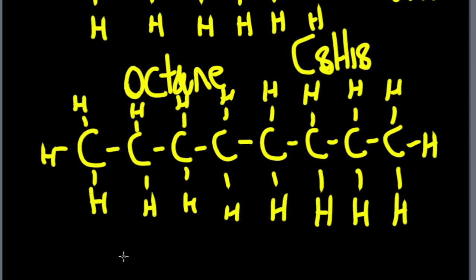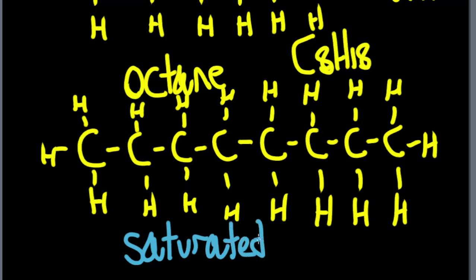So this is called saturated. I cannot add any more hydrogens to any of these molecules. It's kind of like a sponge that's soaked up the maximum amount of water that it can. These carbon backbones have as much hydrogen attached to them as they can possibly have. So that's why we refer to them as saturated.